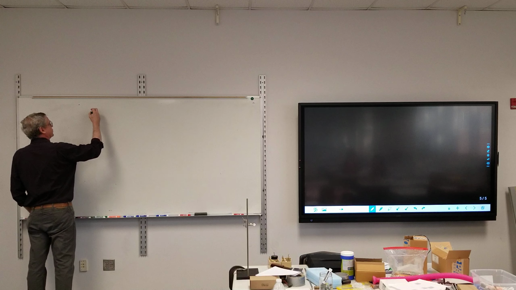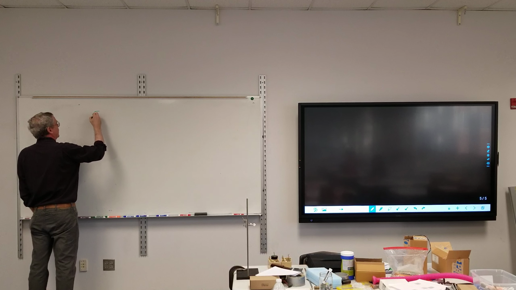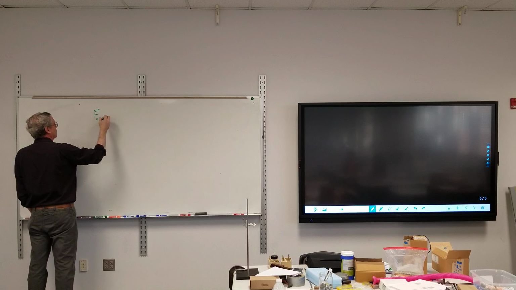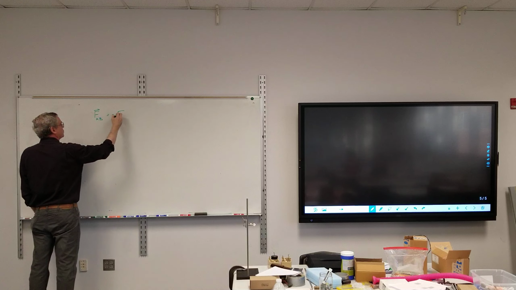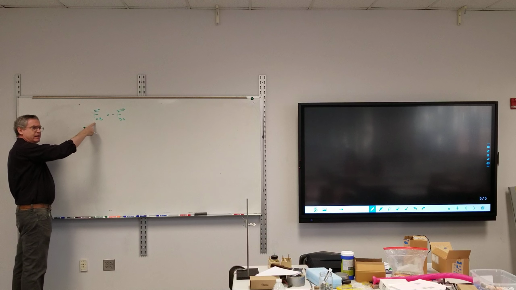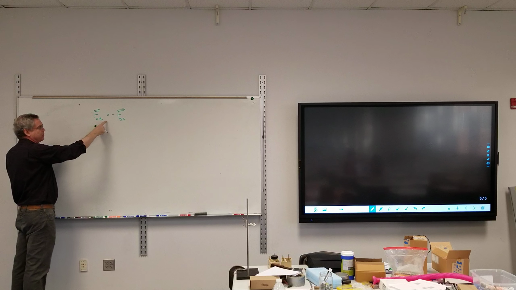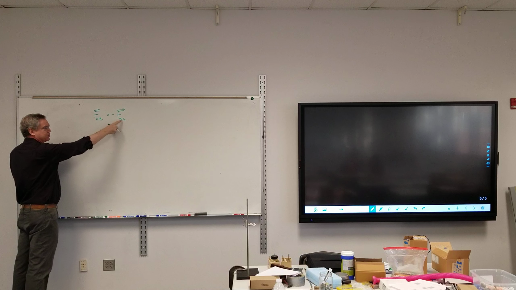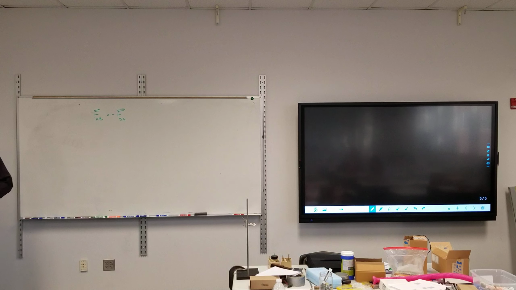So let's take another situation. I have two objects. I have object A and object B. By Newton's third law, the force on A from object B should be the negative of the force on B from object A. The negative just indicating the opposite direction.